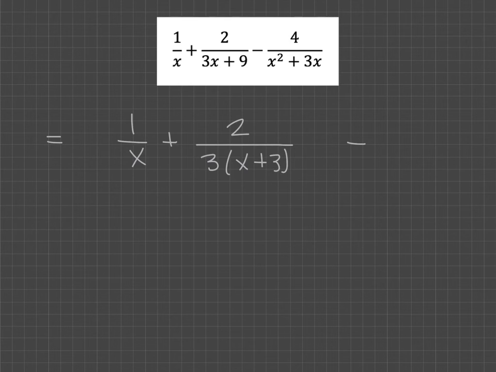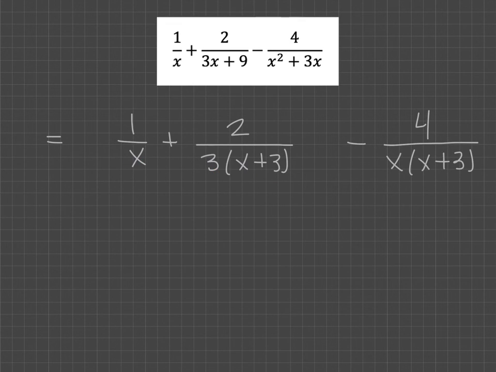And then the last one, we can factor out an x and we're left with x plus 3. So we don't share any common factors to all 3. But there are 3 factors: there's x, there's 3, and there's x plus 3.